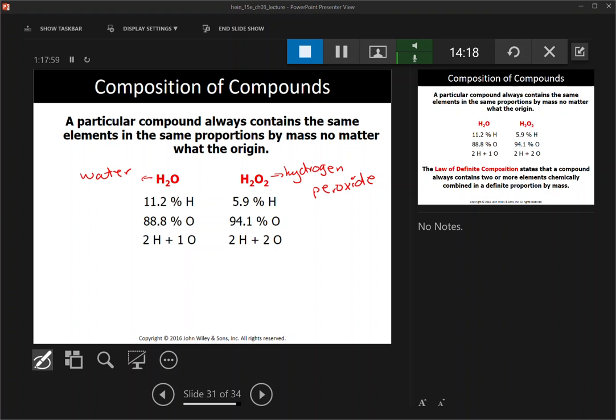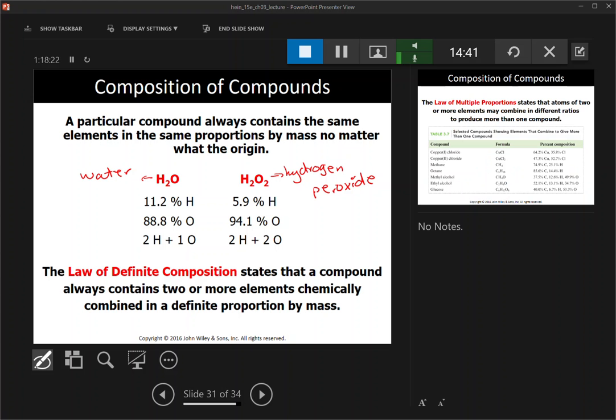It's not going to have the properties of water. Now, if you combine oxygen and hydrogen in 94.1% to 5.9%, you will form hydrogen peroxide. Hydrogen peroxide and water have totally different physical and chemical properties. So just the type of element is not important. Also, the proportion in which they combine is important.